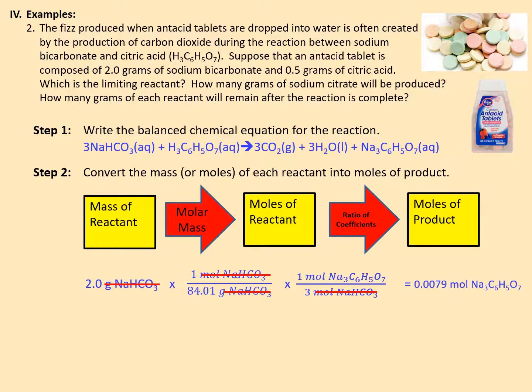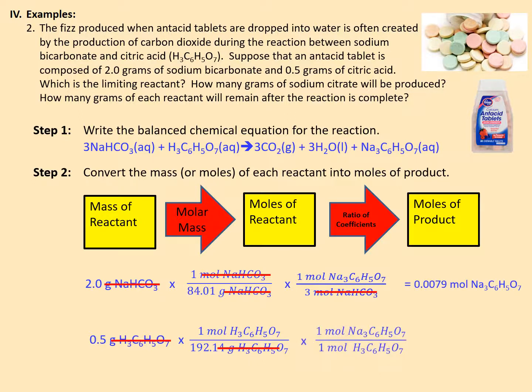We do the number crunching and we get about 0.0079 moles of sodium citrate. Let's go through the same procedure for the other reactant in the problem. So starting with our 0.5 grams of citric acid, we will once again divide through by the molar mass of citric acid to convert grams of citric acid into moles of citric acid.